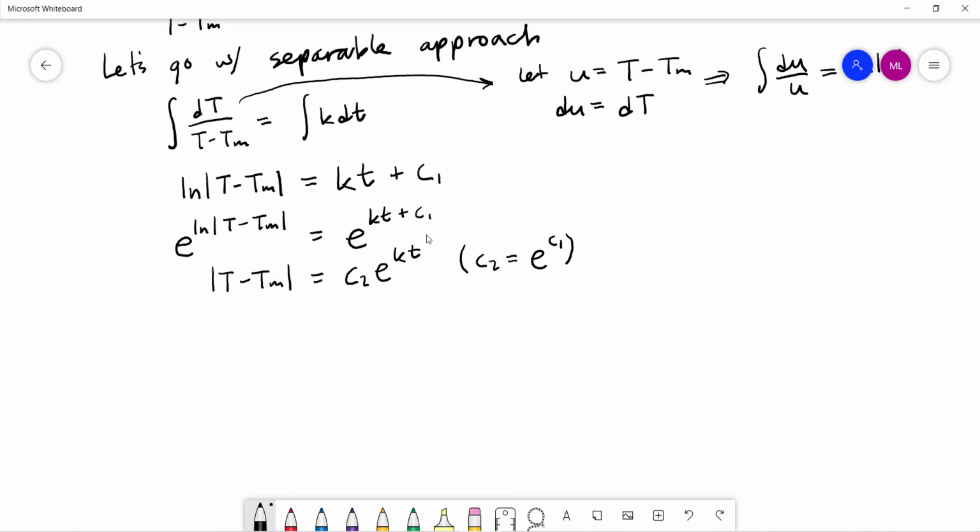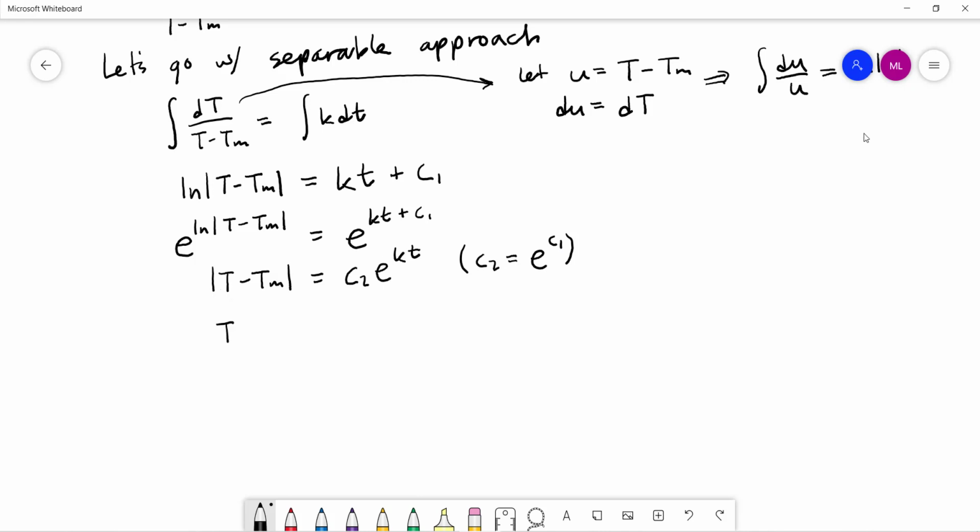At this point, we know that the way we've got this set up, this came from an exponential. This e to the c1 term is also an exponential. So that means that this term has to be positive. The whole thing over here has to be positive. We can drop the absolute values.